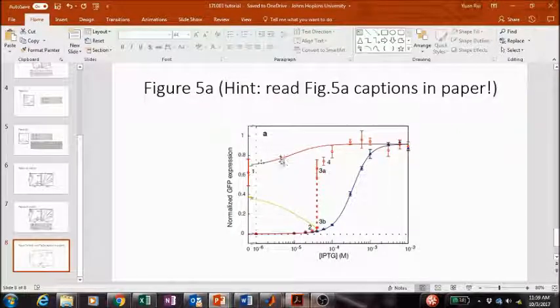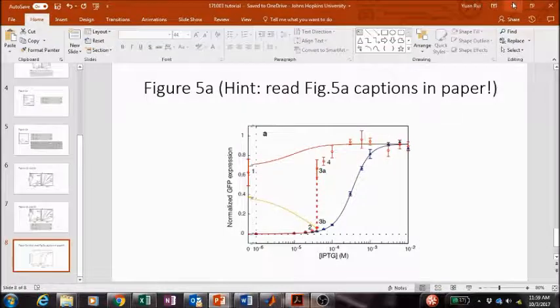But the solid red curve is starting from the high state, and so basically if you start from the high state and you increase the stimulus concentration, it's going to be like, well, I'm already at the top, I can't go anywhere. And then the discontinuous red curve of dots is starting at the low state, and then you give it enough stimulus and it's like, whoop, I'm jumping into the high state.